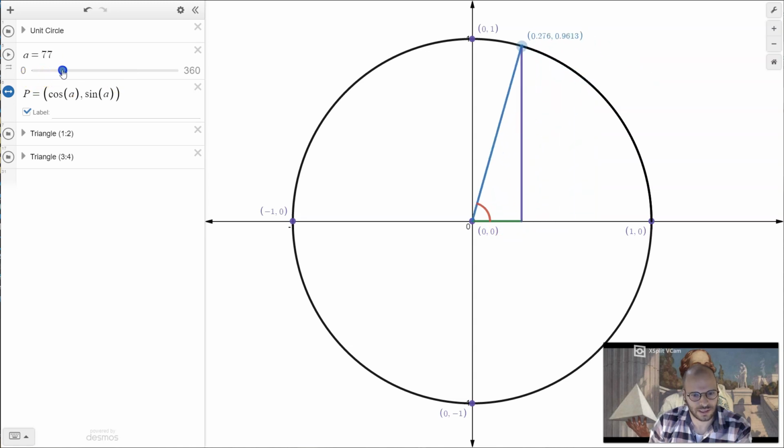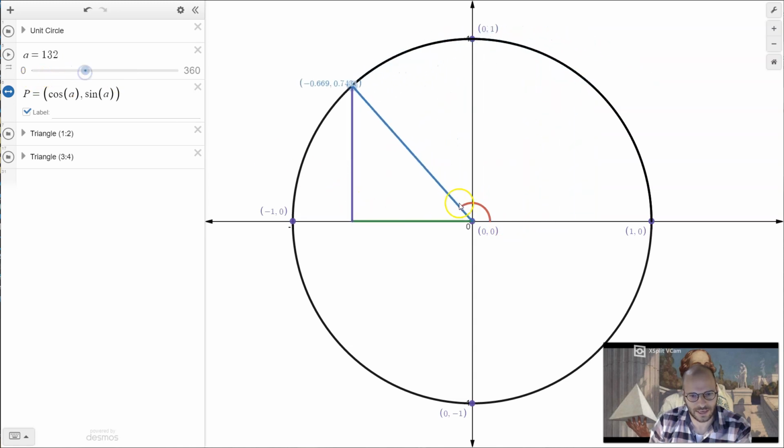However, over in the second quadrant, theta is now external, and we don't have anything that describes the interior angle of the triangle. So those are the 2 points. The triangle is a mirror image about the y-axis, and the angle theta no longer describes the interior angle of this triangle.